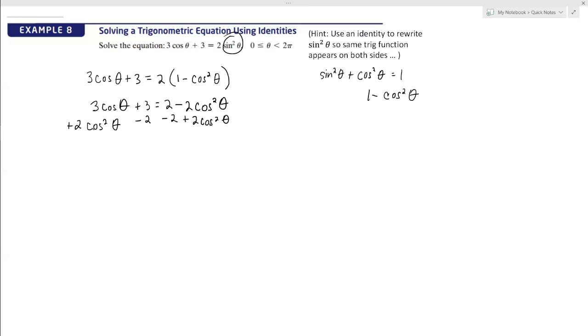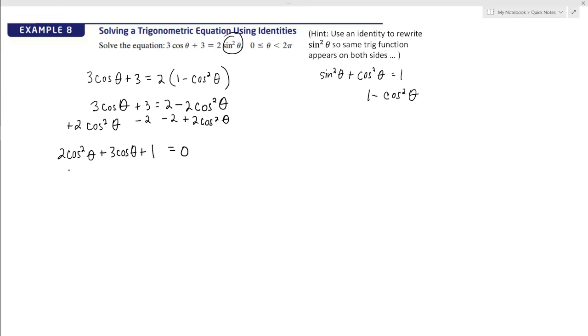Okay, so I'm going to lead with the 2 cosine squared theta. We got 0 over here now. And I want to start with 2 cosine squared theta. It's positive. So is the 3 cosine theta. So plus 3 cosine theta. And the 3 minus the 2 makes that a plus 1.